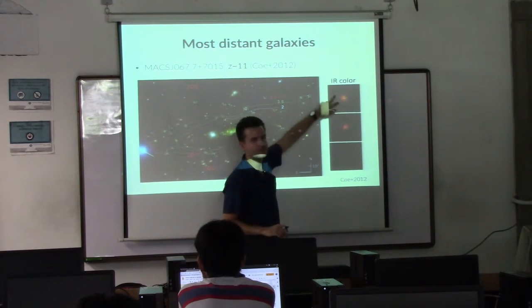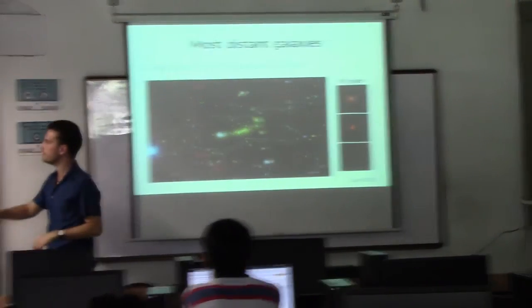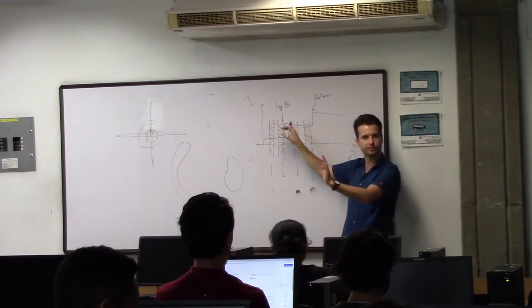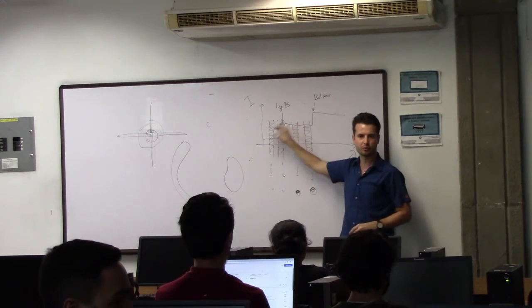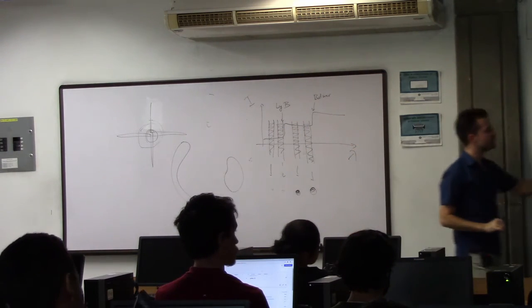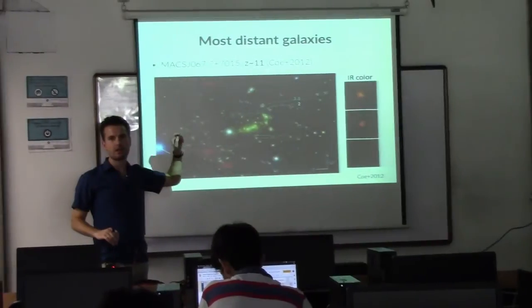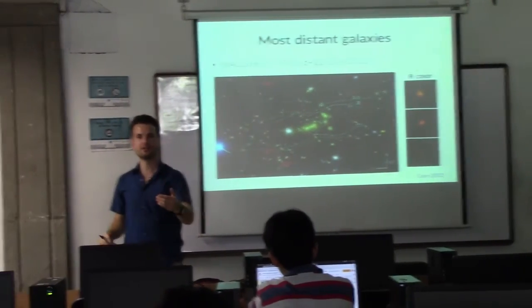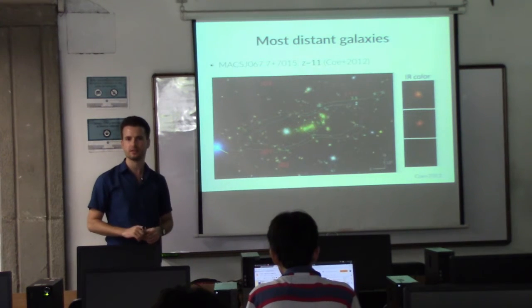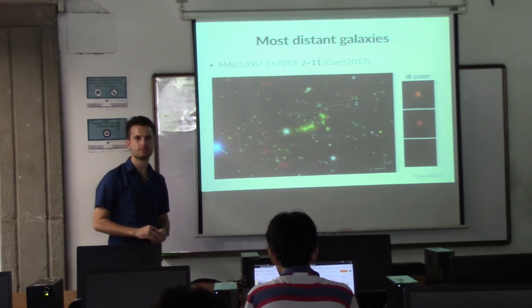I didn't know which ones. And so this can already allow you to weed out, to basically remove things at low redshift reasonably well, but then you still need spectroscopy. The problem with these galaxies is that, often, even for spectroscopy, they are very faint. So some of these have unconfirmed redshift. That's a problem we have.